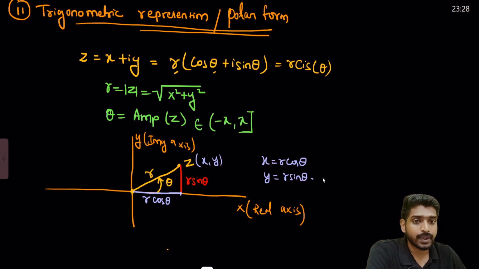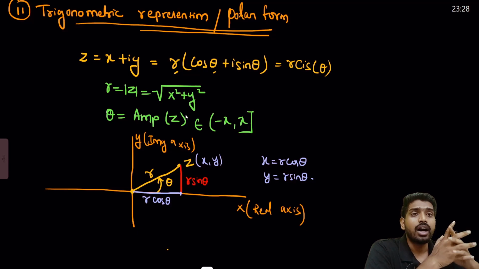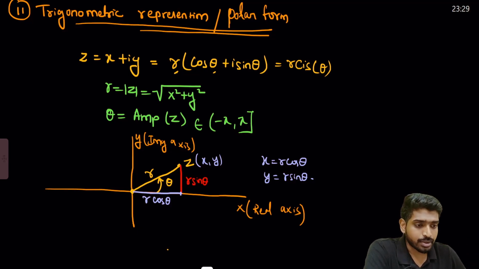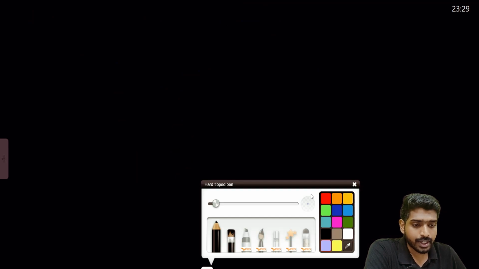Now we'll solve one question. We'll try to learn how to represent any complex number in r theta form, polar form, or trigonometric form. Got it? So here we'll take one question.